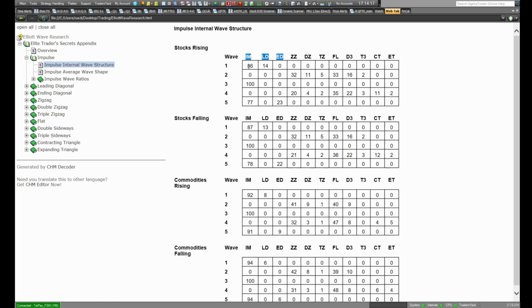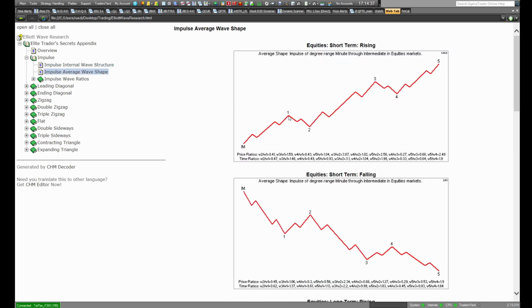And you can see the first one, and that's really important, if this is an impulse, it is going in one direction like this. It's an impulse or leading diagonal. It's, of course, never corrective. We will have a look at the corrective patterns later. The second one, let's have a look. This was the second one.